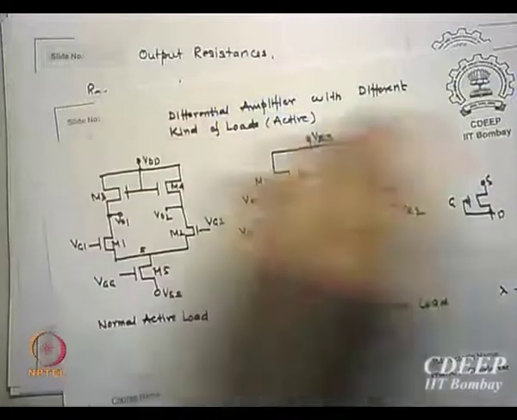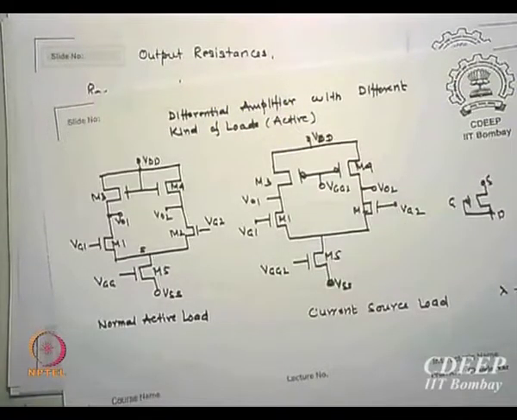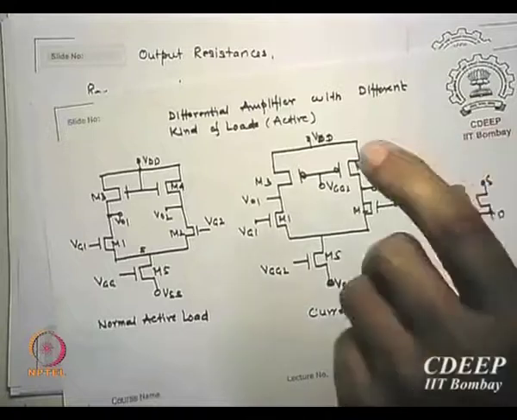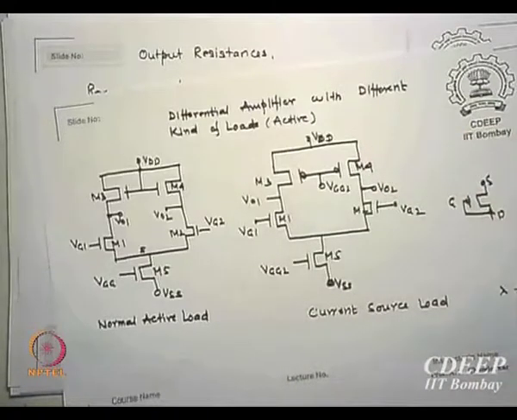Is that clear? Only then the drop across a GM current source has the same voltage drop, and then it becomes GM. This is called diode connection. Only in diode connection the actual output resistance is 1 upon GM. Shunting R0 is fine, but the R0s are so high, so it is only 1 upon GM.